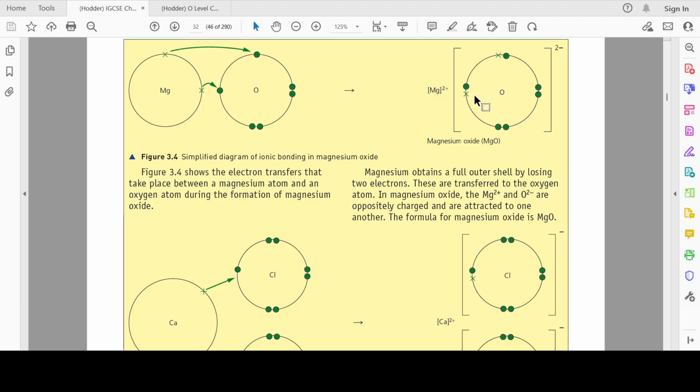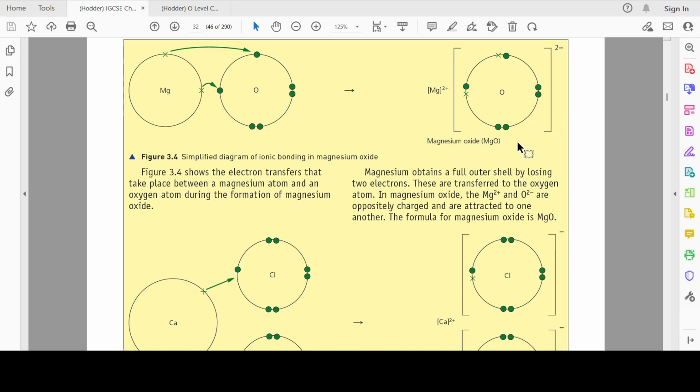And so oxygen has gained 2 electrons into its outermost shell, with the 6 dots for the electrons from oxygen, and the 2 that it gained from magnesium are shown as crosses to be clear that these are the electrons that oxygen got from magnesium. The formula is magnesium oxide.